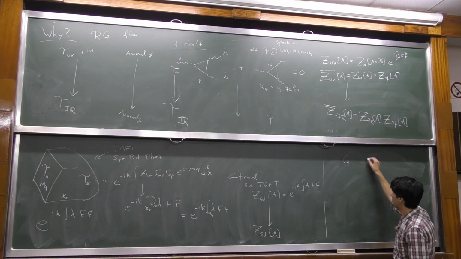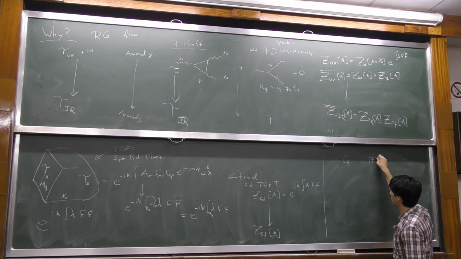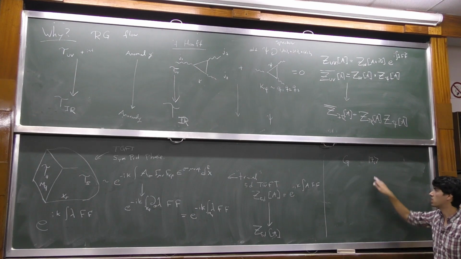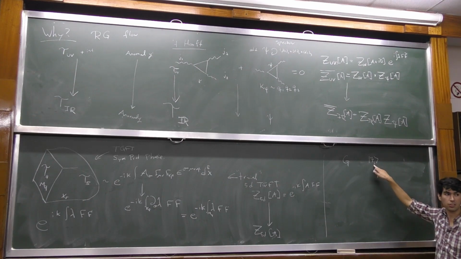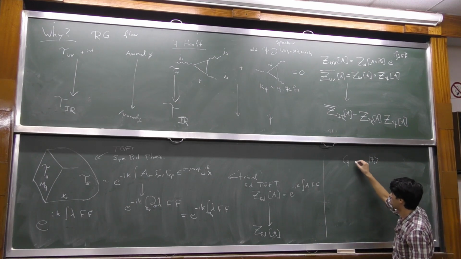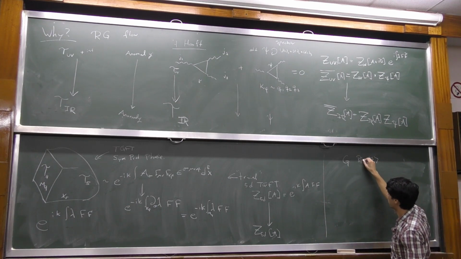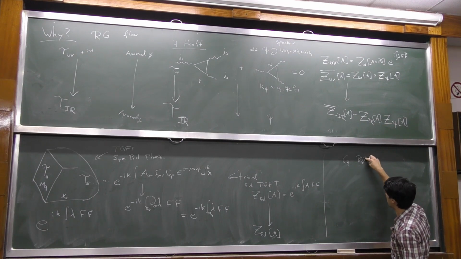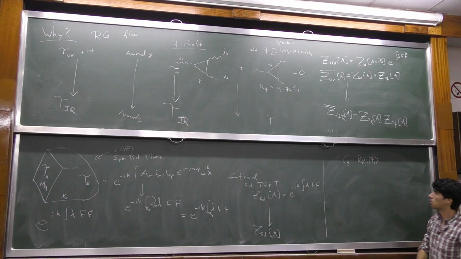So pick some states psi_i, where i is a vector index, and G acts on it by some R(G), which is essentially a matrix acting on the states.